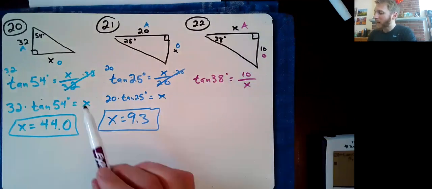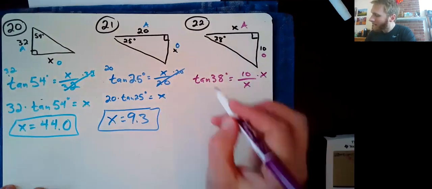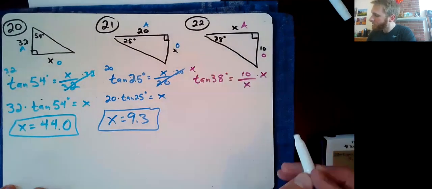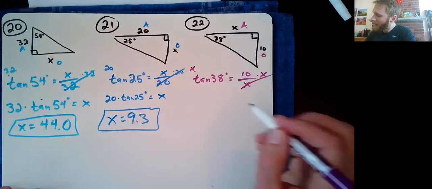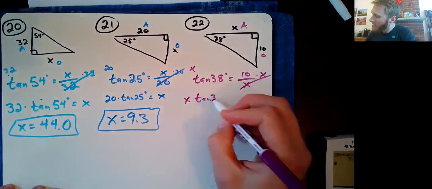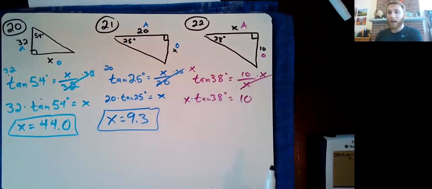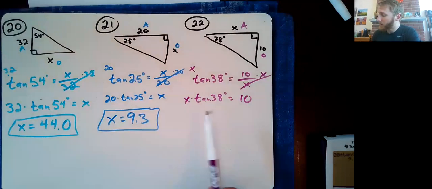So I multiplied by the denominator to cancel out. I want to do that again. Multiply by x on both sides. Cancels out there. And I'm left with x times tangent of 38 degrees equals 10. I can't type that in my calculator because x is not by itself.